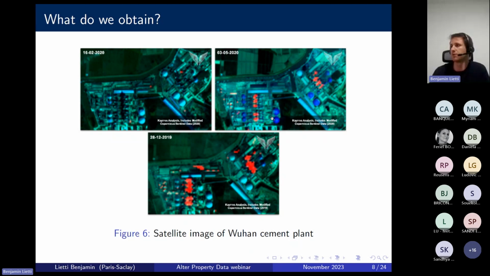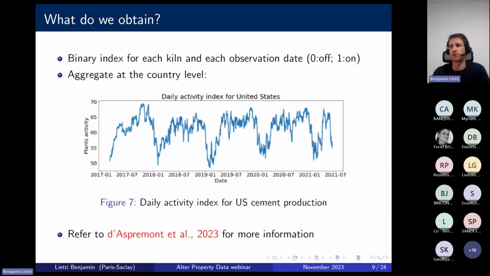So we can do this exercise for every cement plant and for every observation date. And at the end, we obtain a binary index for each kiln and each date, with a value of 1 if the kiln is hot, so producing cement, or 0 if it's cold and so not producing.